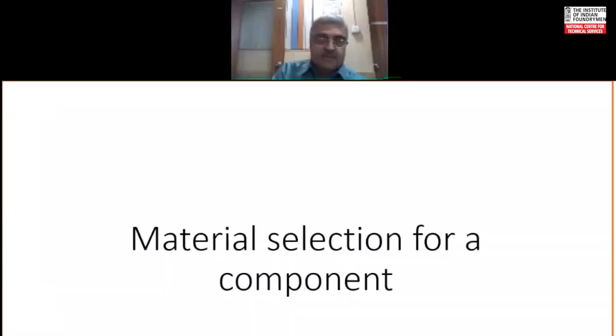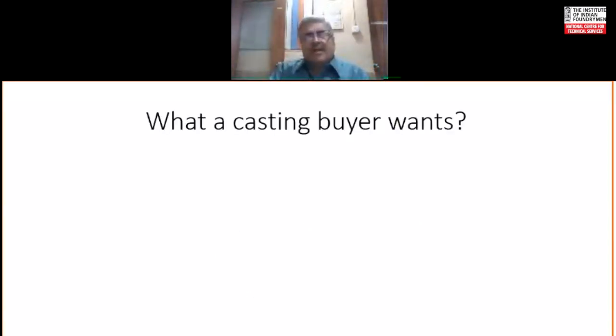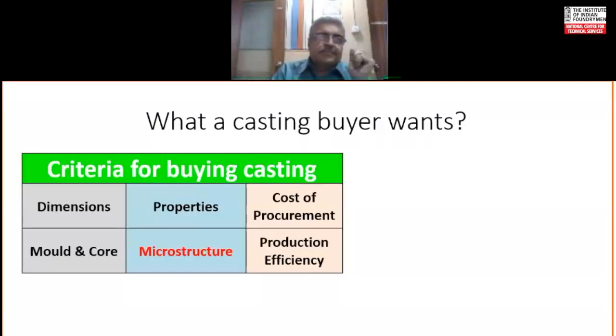So here we go. Material selection for a component. Now you can ask the question, what does a casting buyer want? I would say the buyer wants dimensions and properties at a particular cost.